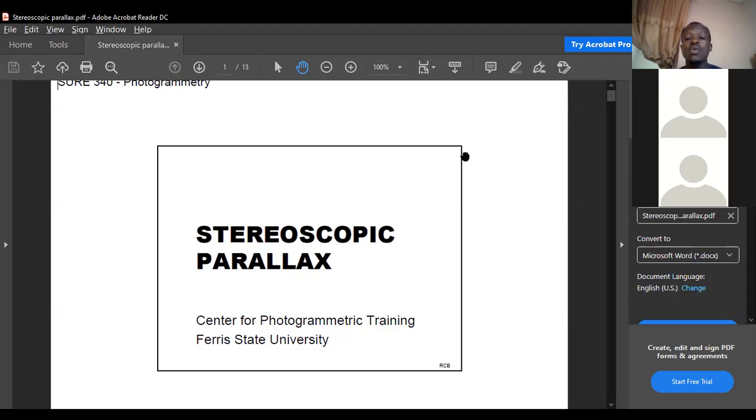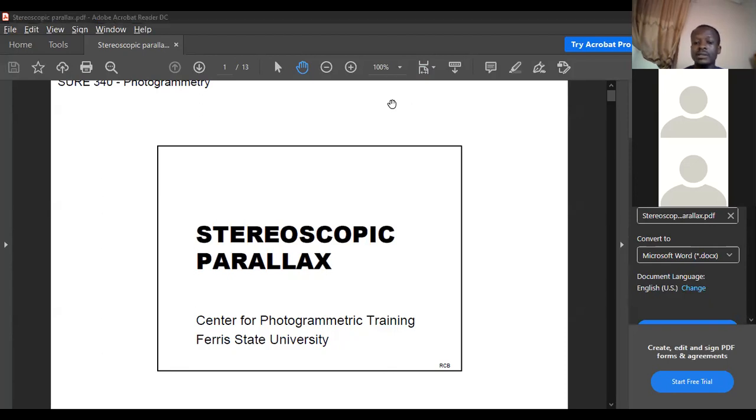So if you could superimpose the left photograph and the right photograph on one single photograph, you will realize that there is a movement of the object from one point to the other, or a change in the coordinates for one particular point, let me put it that way, image point.